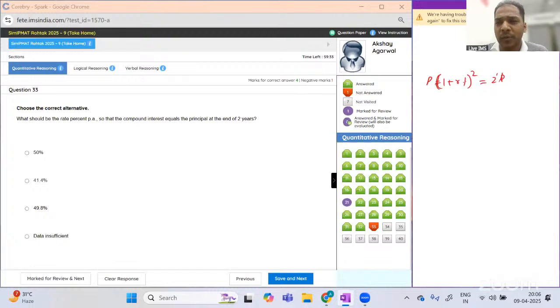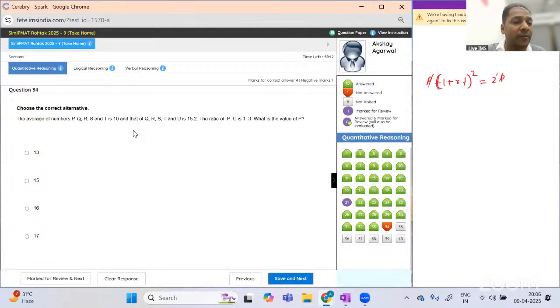P and P get cancelled, 1 plus R percent should be equal to this. 1.4 square is 1.96, slightly more than 40%. The answer is option B. Data is not insufficient. Data is sufficient. It's just the matter of calculation. Since we are not calculating, but we have such suitable options, I'll select option B and move ahead.